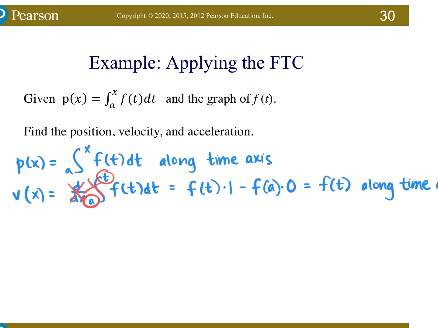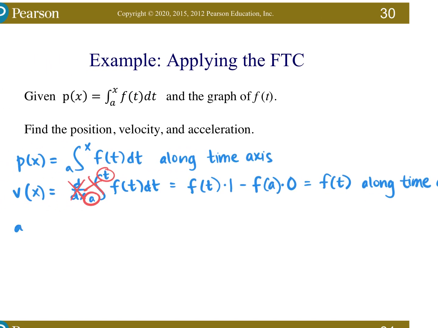Okay. And then a of x would be the derivative of what we just got, d dx of f of t, which is f prime of t, again, along the time axis.